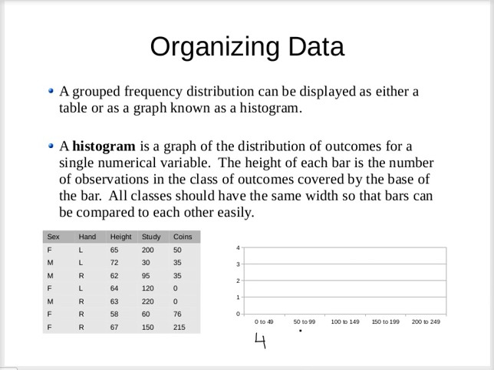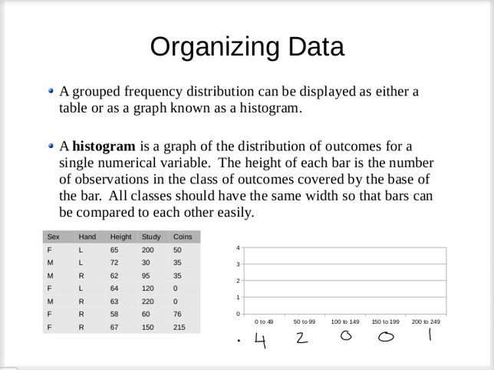My next interval is 50 to 99, and I have 2 individuals with values in that range. For my next 2 intervals, 100 to 149 and 150 to 199, I had 0 individuals with values in those ranges. And finally, from 200 to 249, I had 1 individual within that range.